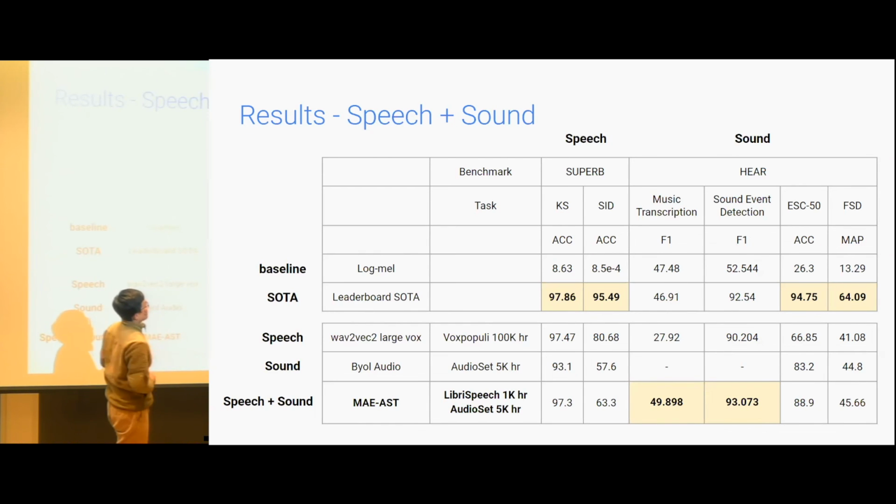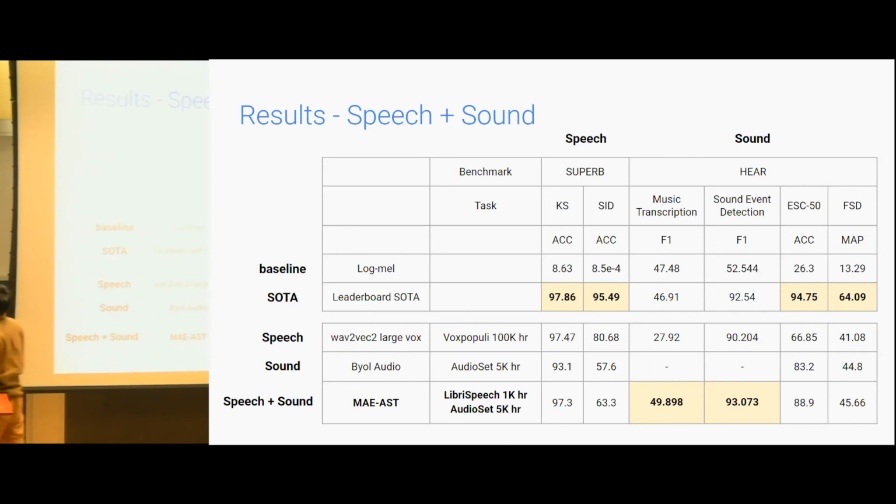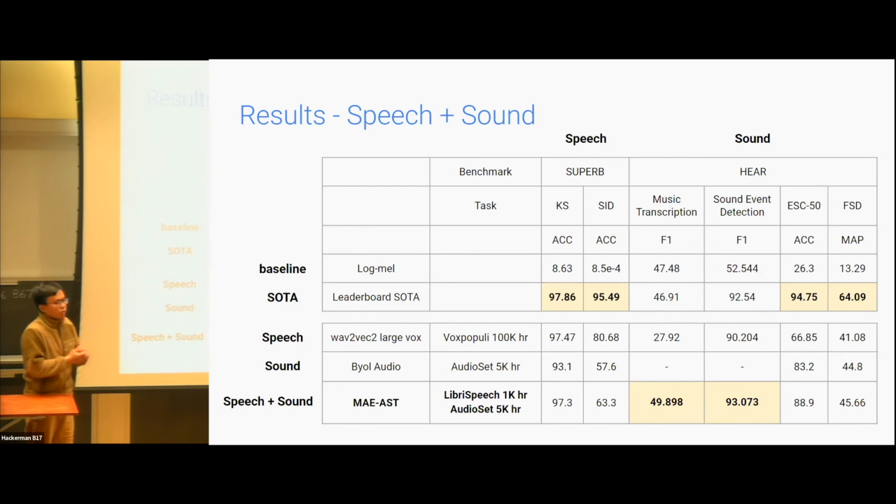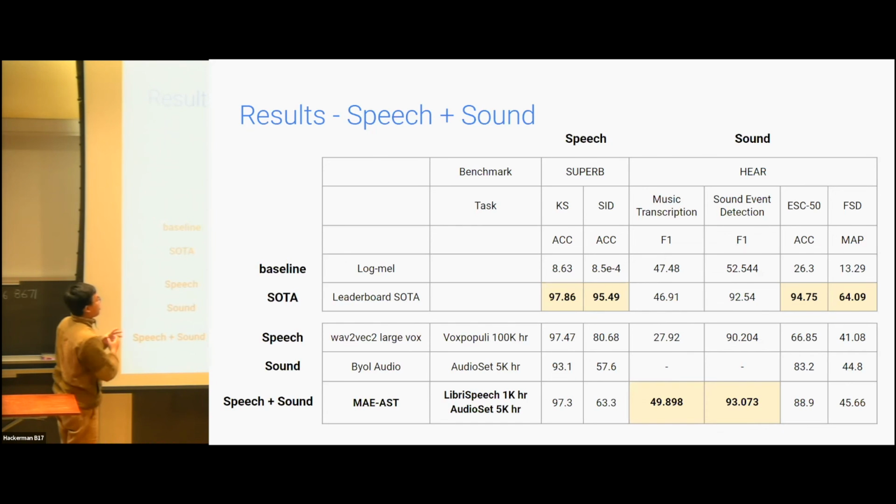However, for other tasks like SID in SUPERB or sound event recognition on the HEAR benchmark, they're still not quite ideal. So the story is different from the story in the SUPERB benchmark, where nowadays you just get a single model, WavLM, and it gets SOTA on all the speech tasks, or XLSR or something. But when you consider a broader range of waveforms of audio, they are still not stable enough to represent all kinds of waveforms and audio.